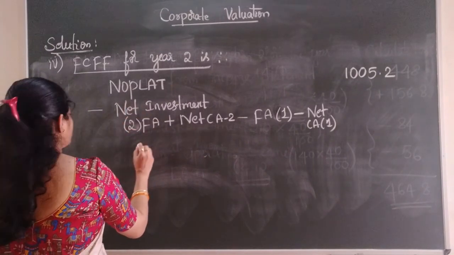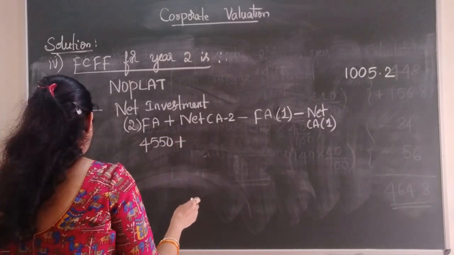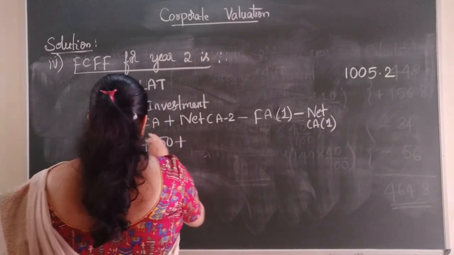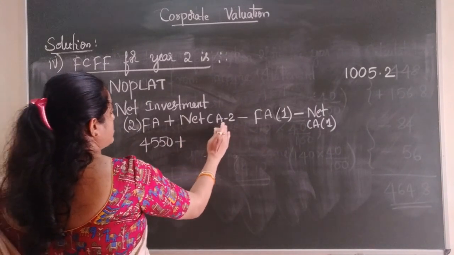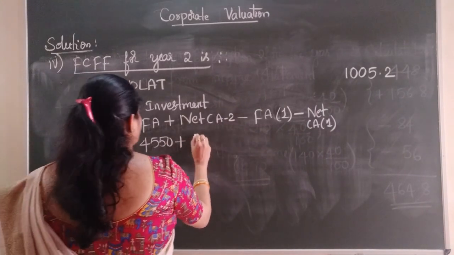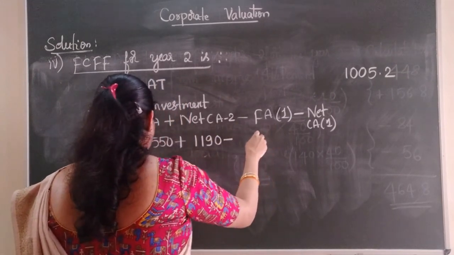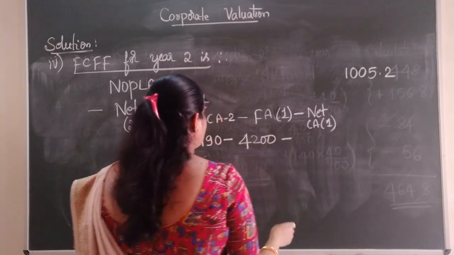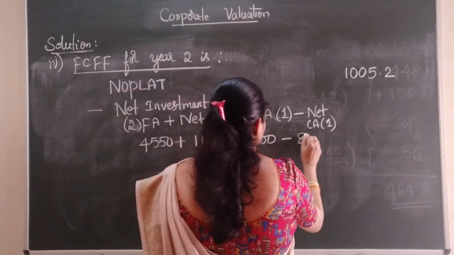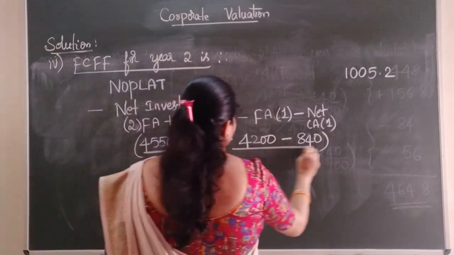Fixed assets of year 2 is 4,550, net current assets of year 2 is 1,190, minus fixed assets of first year, which is 4,200, minus net current assets of first year, which is 840. First you need to add the first two and deduct the other two.